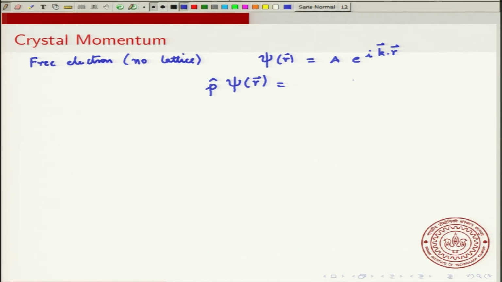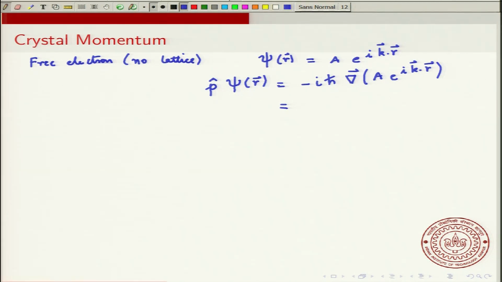So, this will give you minus i h cross times the gradient of e to the i k dot r, and this gradient is just equal to i k times the same function.